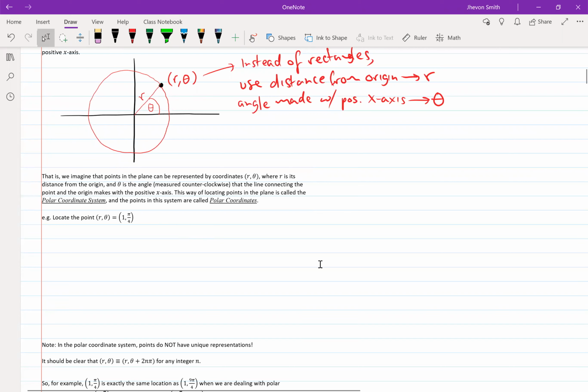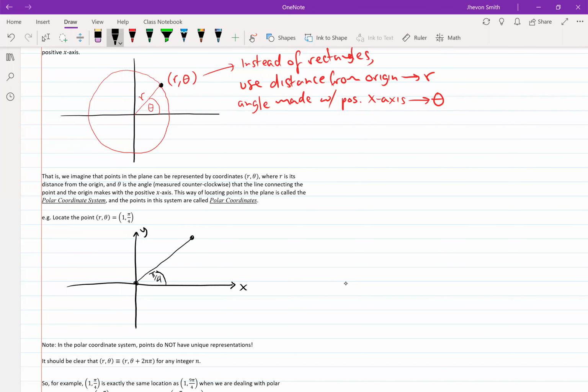So for example, let's say I wanted to locate the point r comma theta equals pi over 4. Well, what would that look like? Well, that means I want a point that is at an angle of pi over 4 from the positive x-axis, and from the origin, it extends to a distance of length 1.